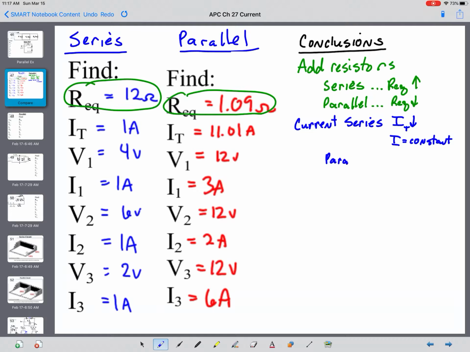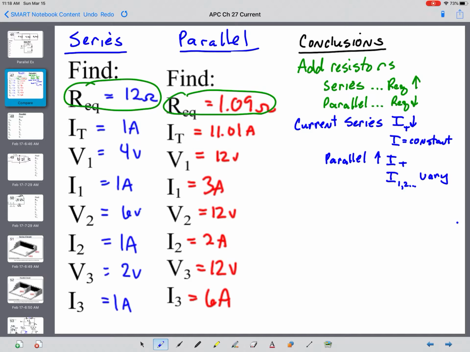In parallel, because you add more branches and the equivalent resistance goes down, less resistance means that your total current goes up. Each resistor, they have different resistances in their individual branches, so those values are going to vary.